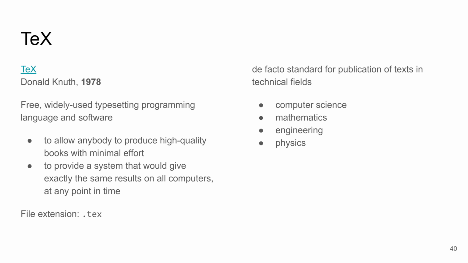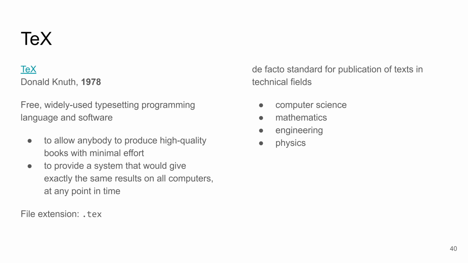It is from 1978, which is ancient, developed by Donald Knuth, and it is free, which is nice. And the goal here is to allow anybody to produce high quality books with minimal effort. And also to provide a system which would produce the same results on any computer at any point in time.